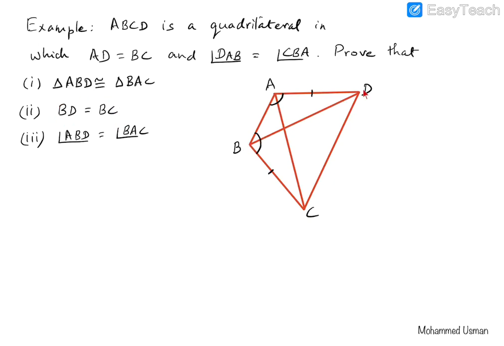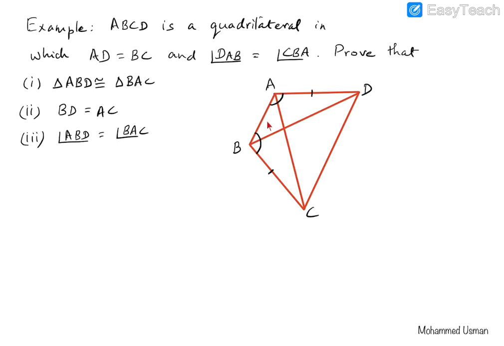Let me make a correction here. You have to show that BD equals AC, not BC. Okay, make a correction. I'm going to erase that. We are supposed to show BD is equal to AC. So that means we have to show that this BD is equal to this line AC. And then we also have to show that angle ABD is equal to angle BAC.